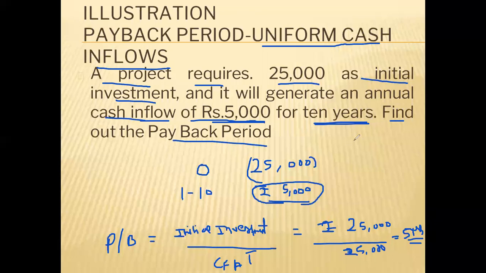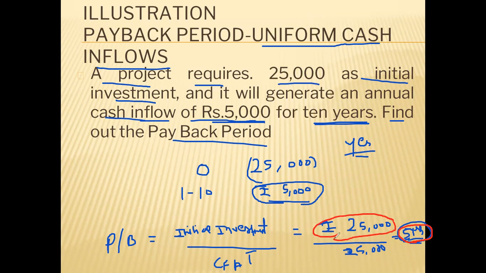Yes, we can invest in this project, because this 25,000 which you are investing, you can recover it in 5 years. This is the meaning of payback period. Meaning of payback period means what? This 25,000 which you have invested, you can recover it in 5 years. Remaining 5 years will be your profit.